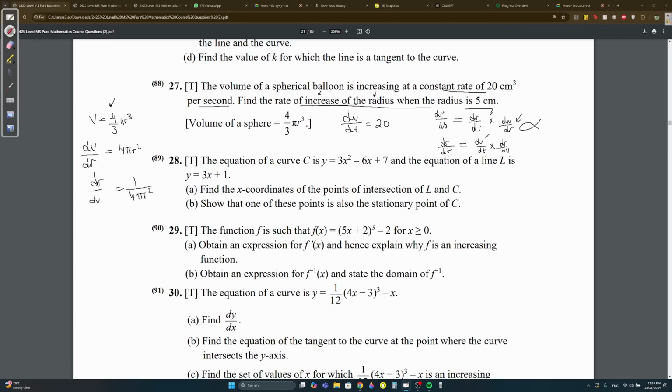So over here, dV/dt, we know it's 20. So you're going to put 20 times dr/dV, which is 1 over 4πr². They want the radius to be 5, so you substitute 5: 20 times 1 over 4 times π times 5 squared.